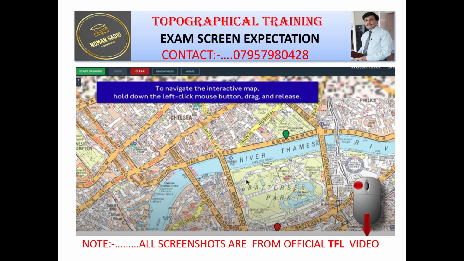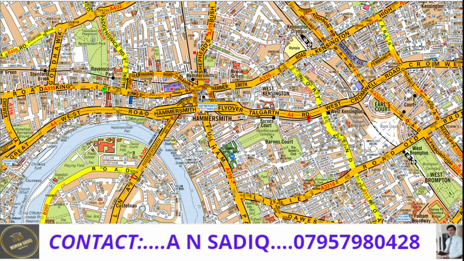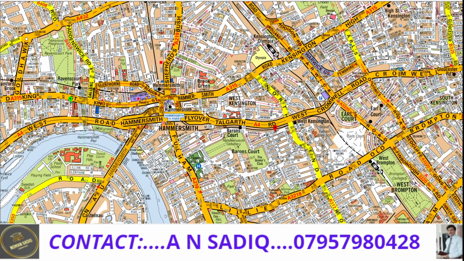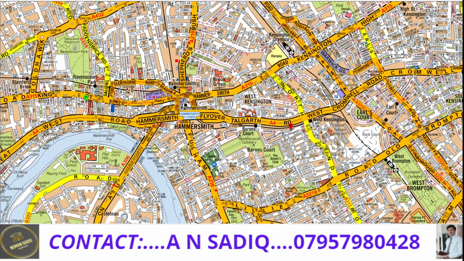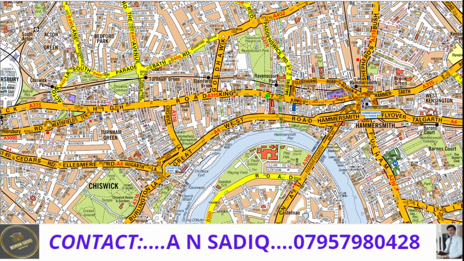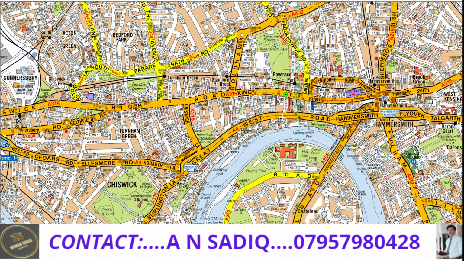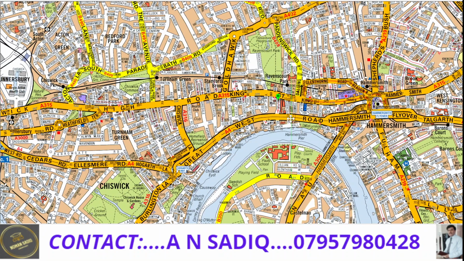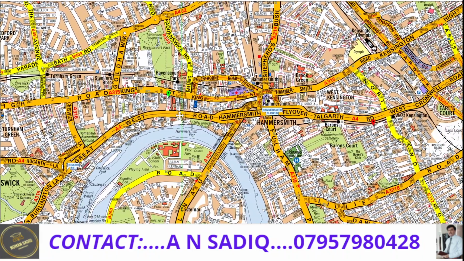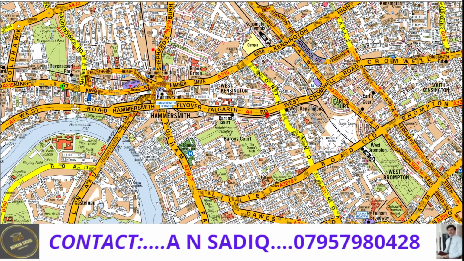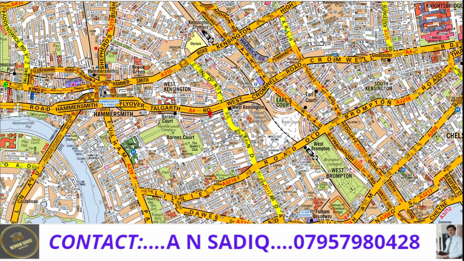Now I will show you this on the interactive map as well. So now I am holding the left click button, and if I move towards the right, the interactive map will move towards the right. If I hold the left click button and drag towards the left-hand side, the interactive map will also move towards the left.